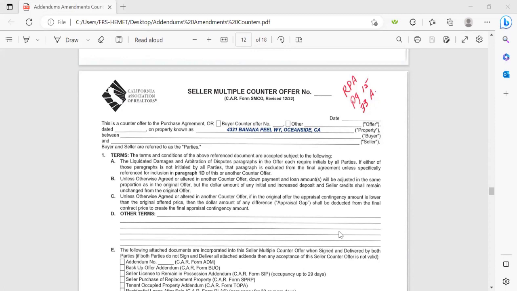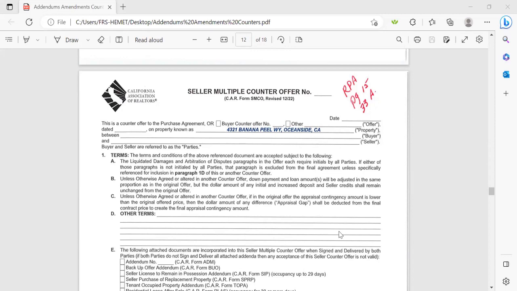They don't have to do anything with the others. They don't have to counter everybody. They don't have to do any of that. They can. If they counter anybody, they can send any single person a counter offer. If they are going to counter more than one, they have to send a seller multiple counter offer.